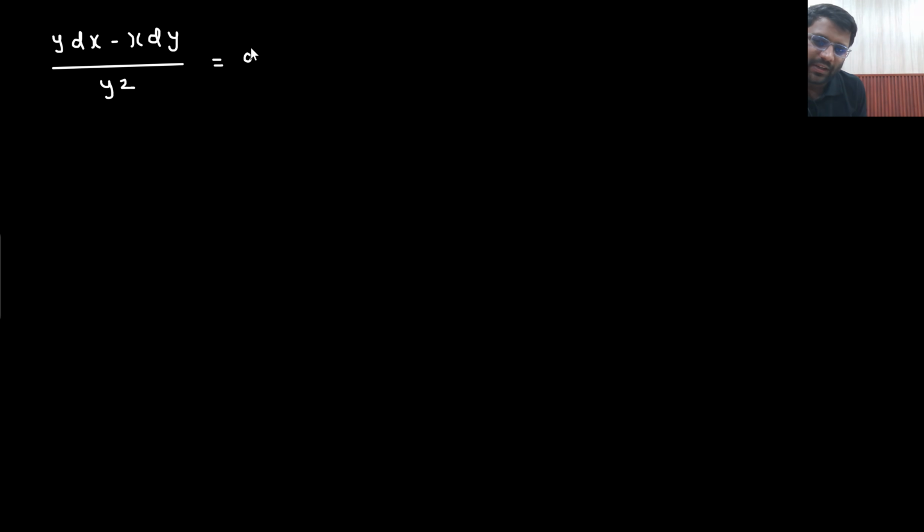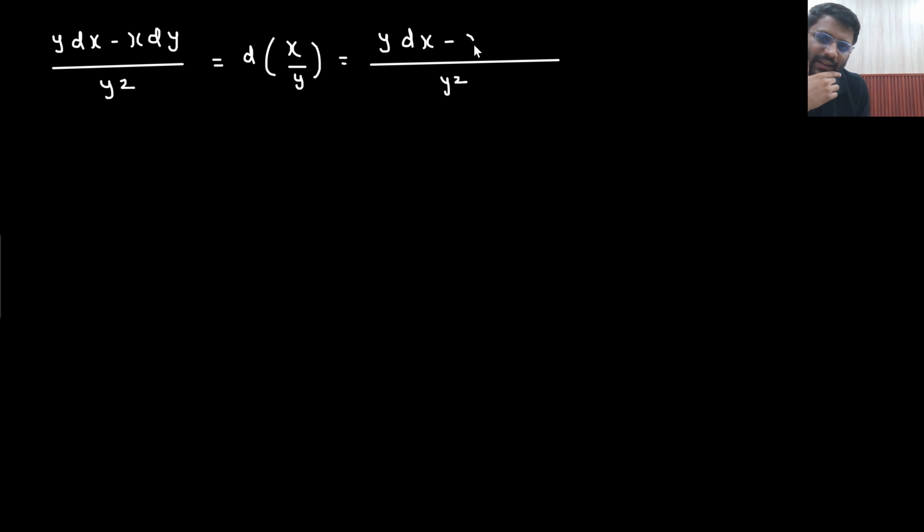Can I write it as equivalent to d of x by y? Say yes or no. What will be your d of x by y? That would be nothing but denominator y square as it is, then y times differentiation of x minus x times differentiation of y. This is how you can write d of x by y. d of x by y we have got. d of y by x we have already got.